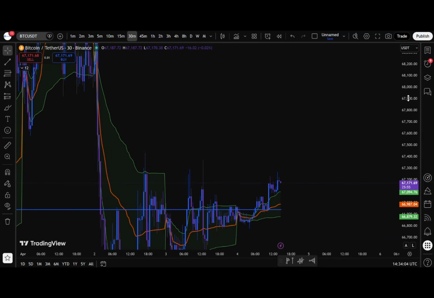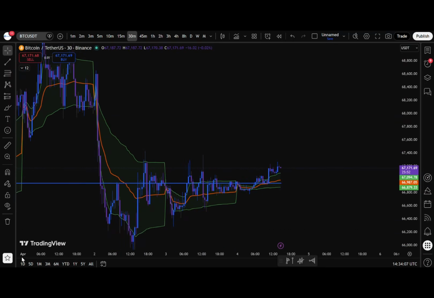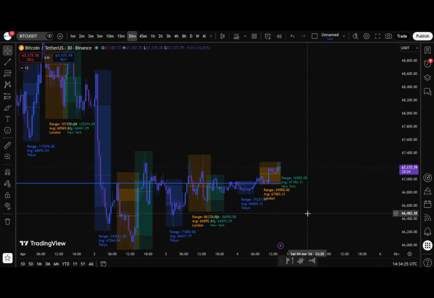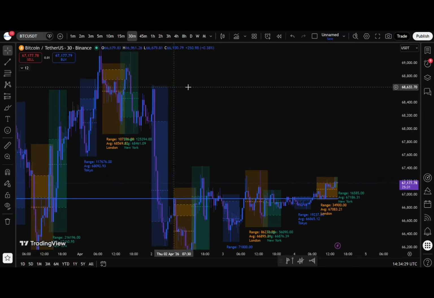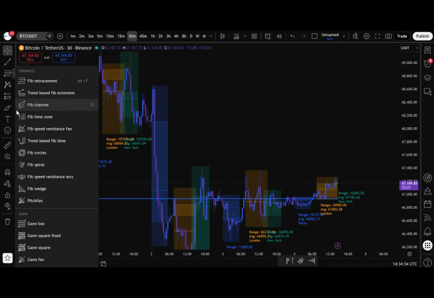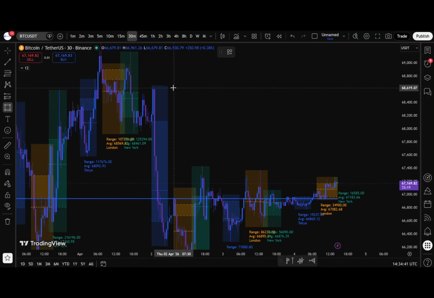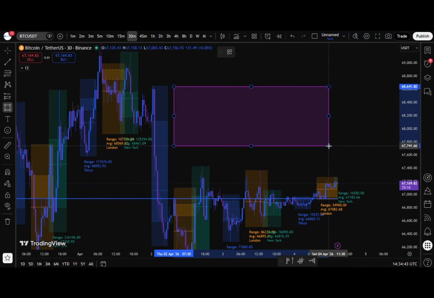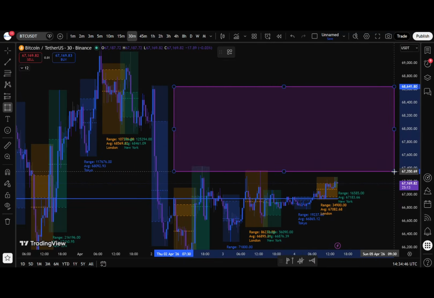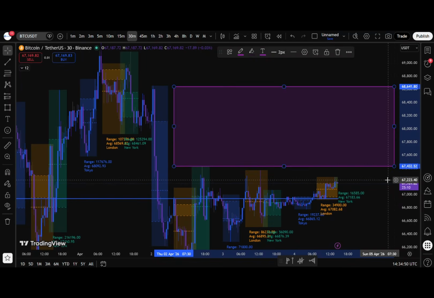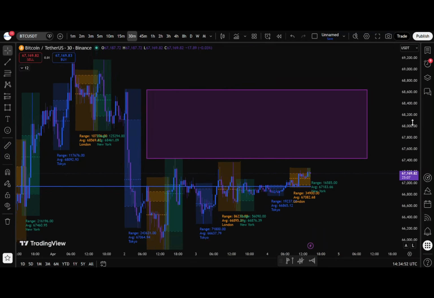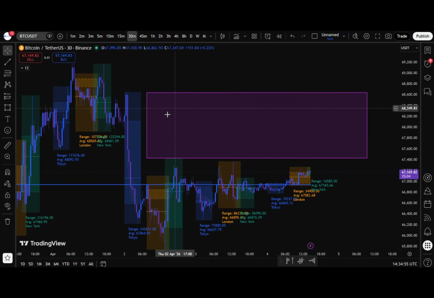Why would we continue up? This is called a sessions indicator. And in this area here, which starts from there, 68, all the way down to 67.4, this box here, there is inefficiencies in here.